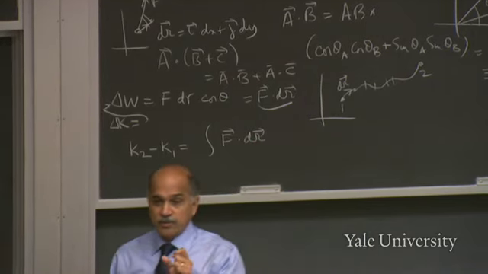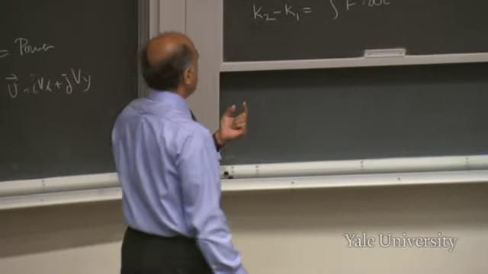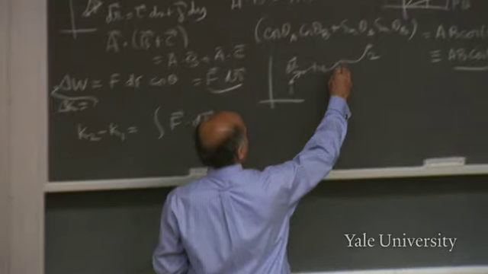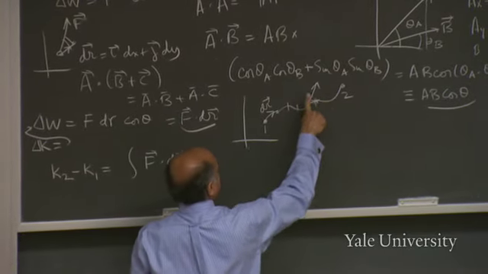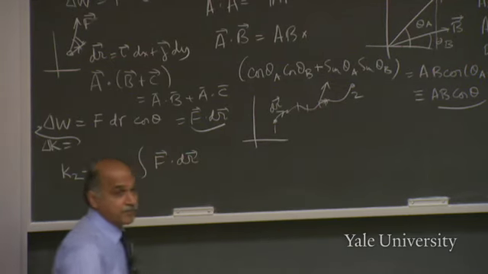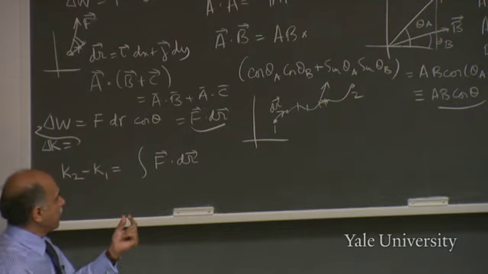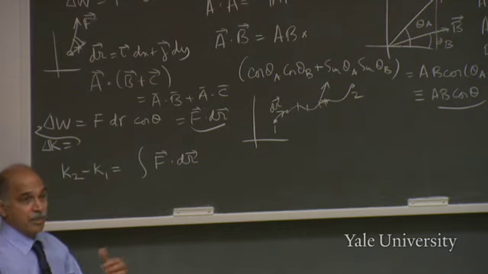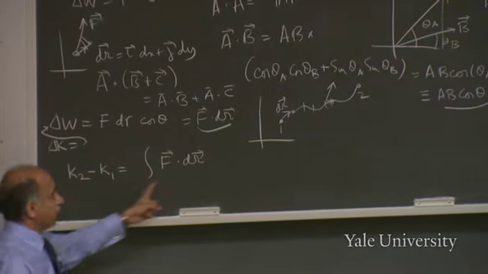Each tiny segment, if it's small enough to be approximated by a tiny vector dr, then take the dot product of that little dr with the force at that point, which means length of F times the length of the segment times cosine of the angle, add them all up. Then somebody will say, well, your segments are not short enough for me. Well, chop it up some more, chop it up till your worst critic has been silenced. That's the limit in which you can write the answer as this integral.